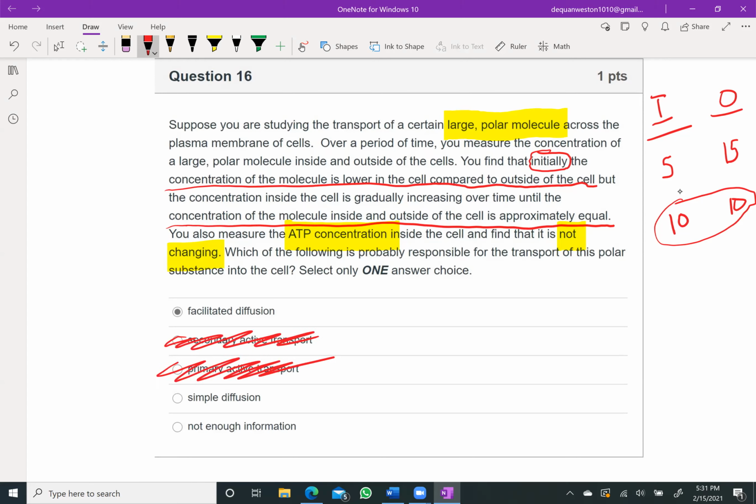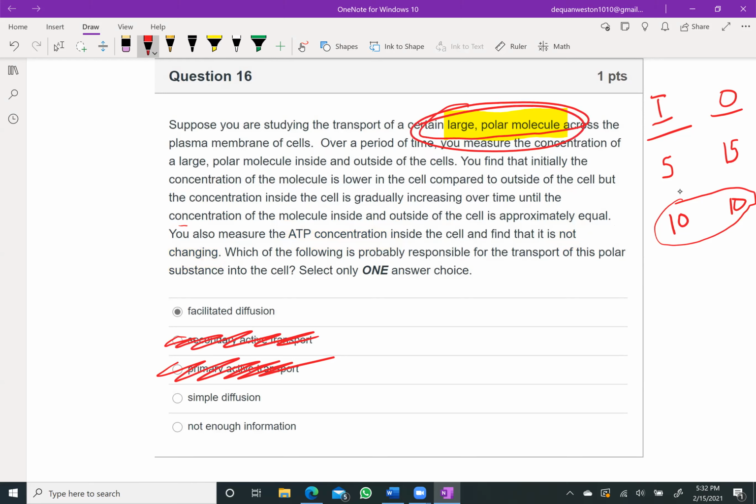Okay, so now we're down to facilitated diffusion and simple diffusion. So for this, we're just going to look at this right here. This section right here is what answers the question for you. It's a large polar molecule, so it's going to need facilitated diffusion, not simple diffusion.